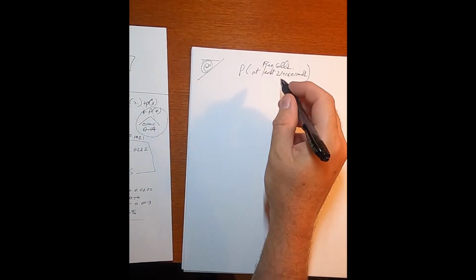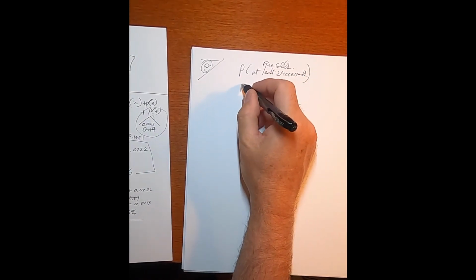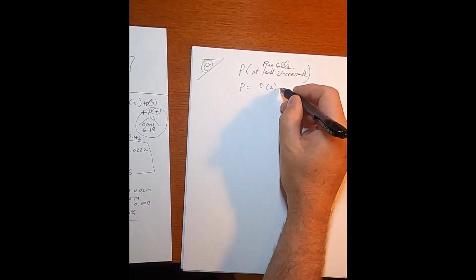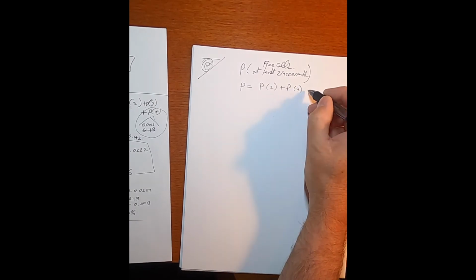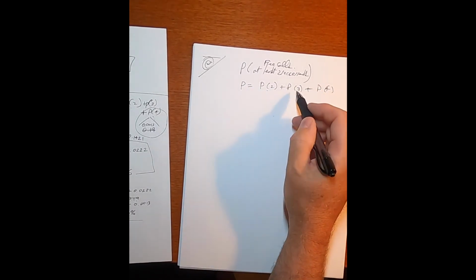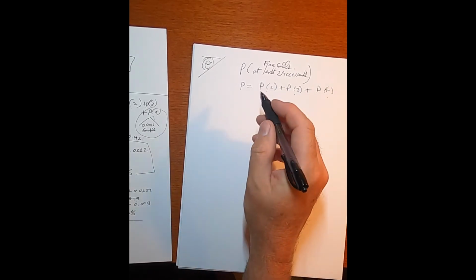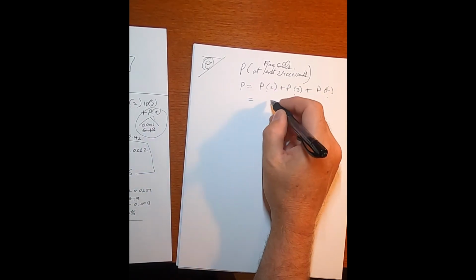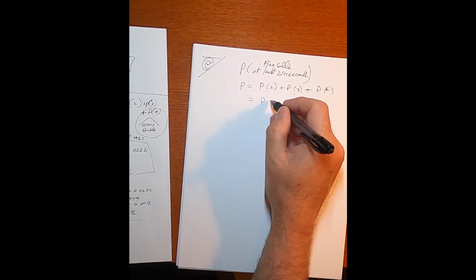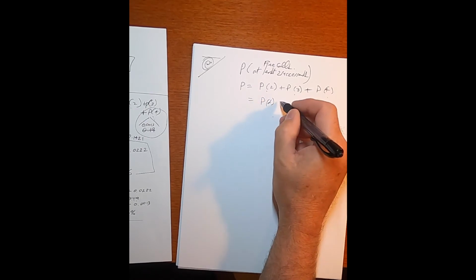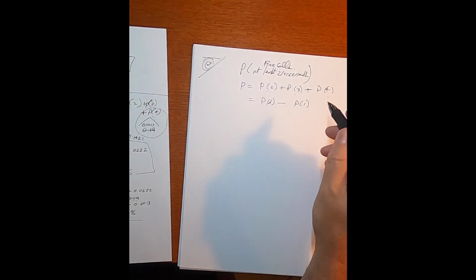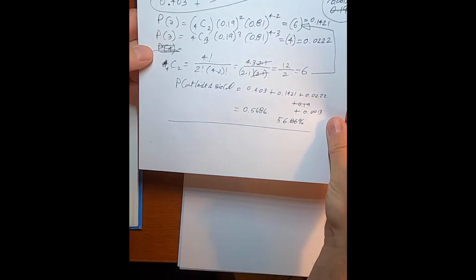That probability would equal the probability of 2 plus the probability of 3 plus the probability of 4. So at least 2, but 3 also works and 4 works. Basically, we're just taking the probability from part D and subtracting the probability of 1, and then we'd have the problem solved.